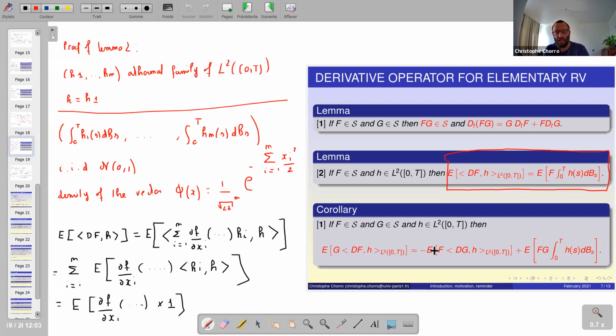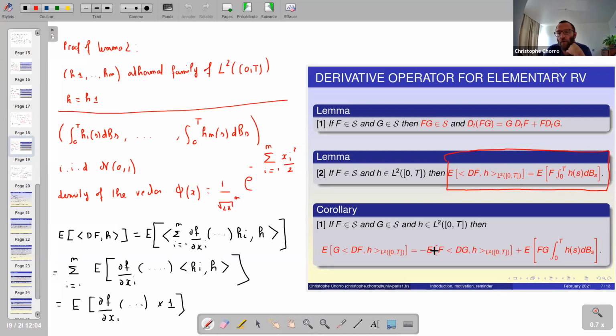So for the moment, what I have seen: I have defined the set of elementary random variables. I have defined the derivative operator for these elementary random variables, proving that this operator, in fact, is a kind of directional derivative in the direction of the Cameron-Martin space.